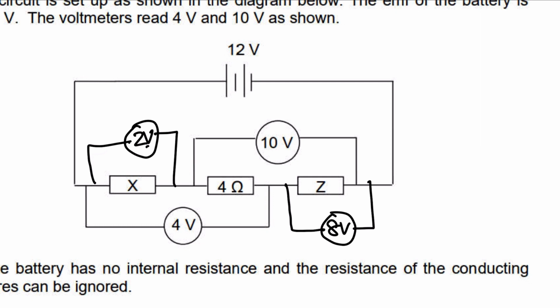So that means the one that's left is this 4 ohm. This 4 ohm must therefore be using up 2 volts. And if we add it, we can of course confirm this. 2 plus 8 gives me the 10, and then 2 plus 2 here gives me the 4.